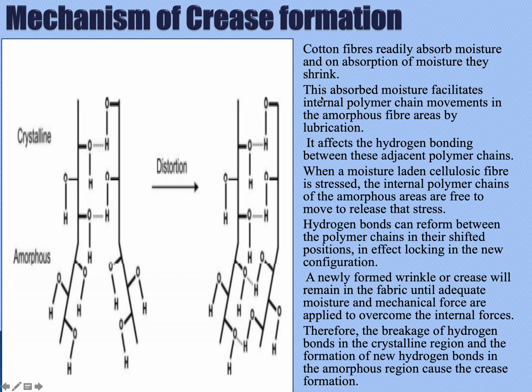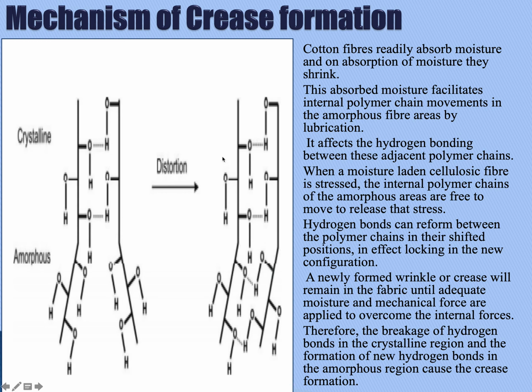The absorbed moisture facilitates internal polymer chain movement in the amorphous fiber areas by lubrication, as can be seen in this diagram. As the water molecules get absorbed, there is some repositioning of the bonds taking place in these locations. As can be seen, hydroxyl groups are formed in the amorphous region of the structure. So it affects the hydrogen bonding between these adjacent polymer chains.